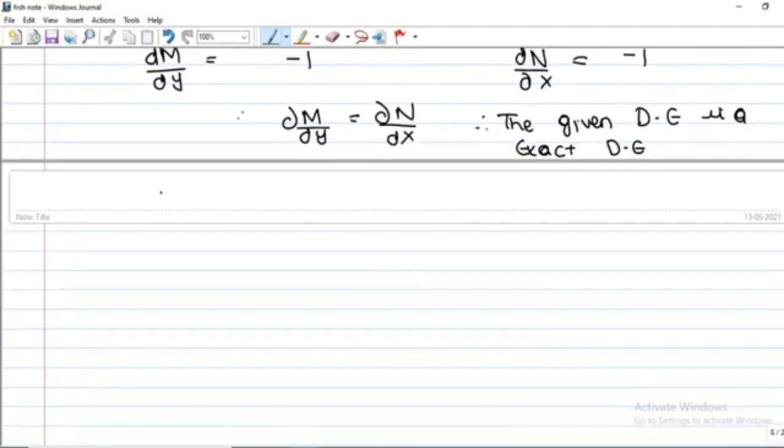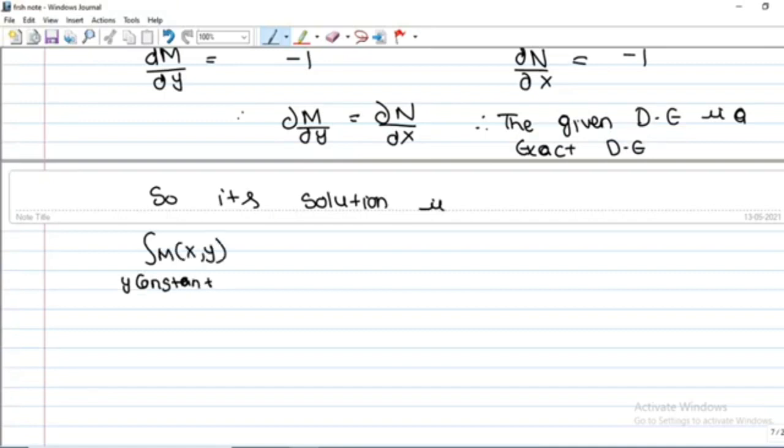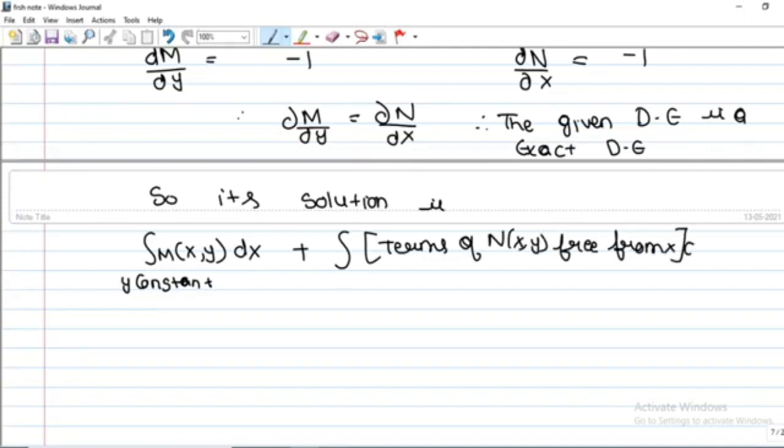After writing this, its solution is, how do we give the solution? Keeping y constant, the integral of M of x comma y dx, plus the integral of the terms of N of x comma y free from x into dy, should be equal to a constant. Therefore, just substitute the values.